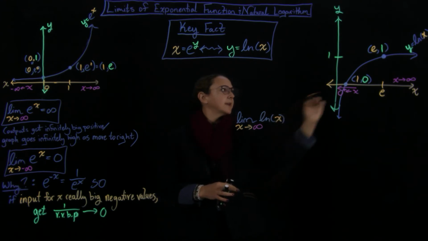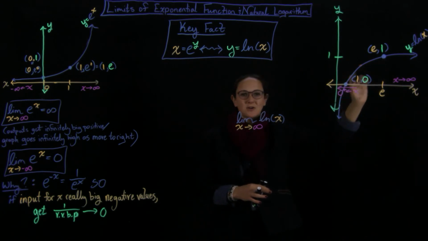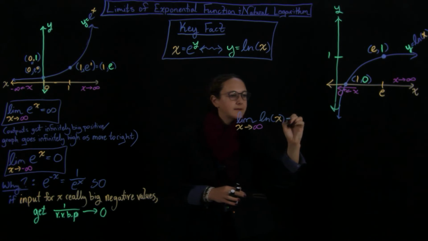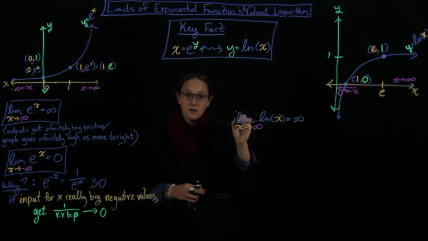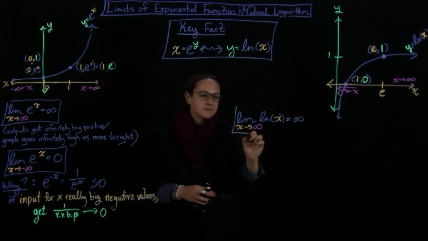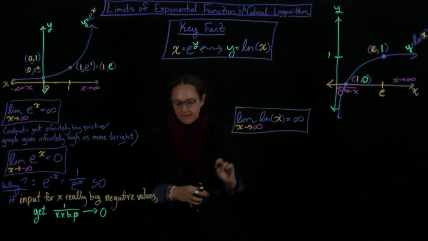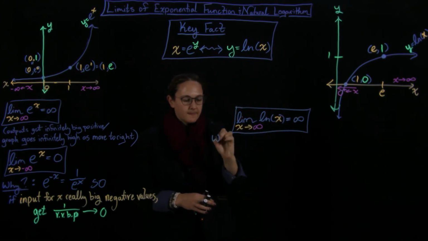Even looking at the graph, it looks like it does grow much slower, but this is actually going to be infinity. It's a little harder to tell than in the other case because logarithmic growth is really slow, exponential growth is really fast. That's something important to know in life. Okay, so why is this true?